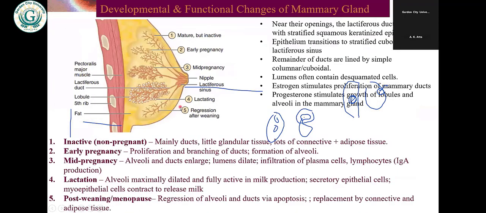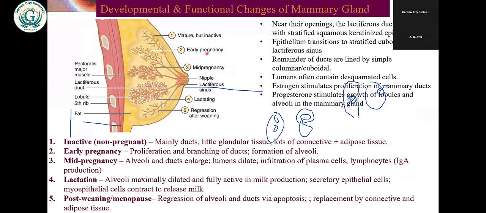Then watch here, the developmental milestones. So this is a mature but inactive breast. In an inactive breast, you have very little glandular tissue. You have a lot of fat and a lot of ducts. Then when you are pregnant, you have the alveoli.